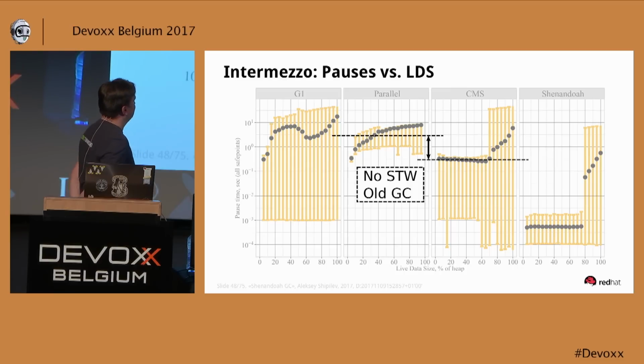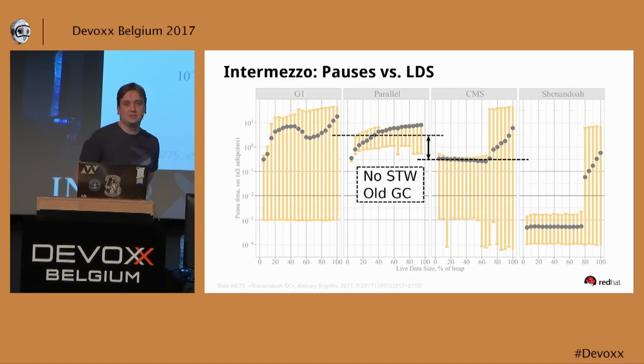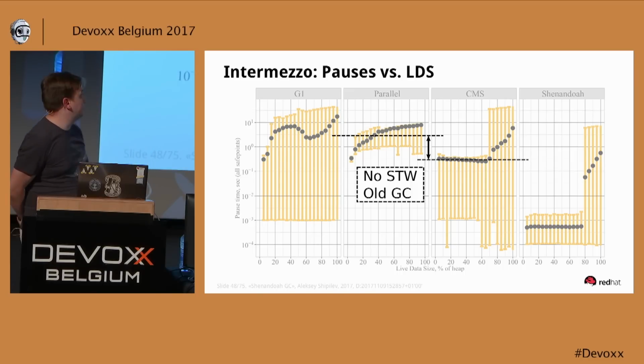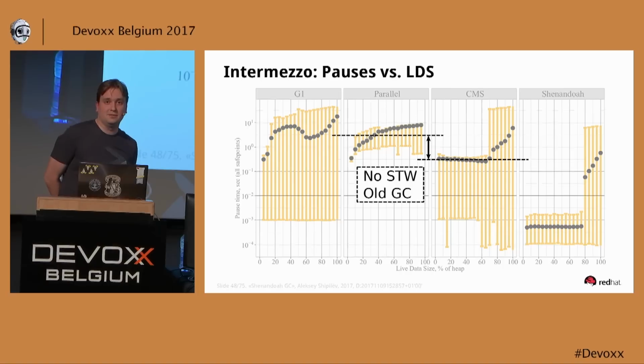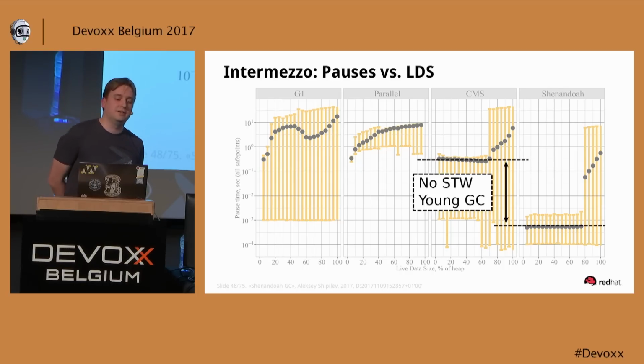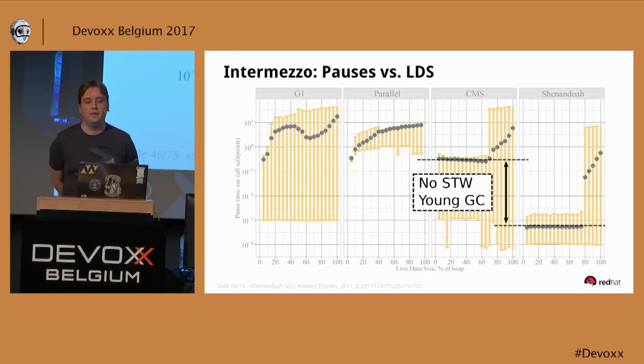So this thing is the absence of stop-the-world old GC. This is the thing that CMS does, right? Parallel does everything stop-the-world, and this is why the pauses are high. Shenandoah does everything concurrently, so this difference is the absence of the stop-the-world young GC that is present in CMS, and thus it can achieve the pauses there on the wide range of live data sets.